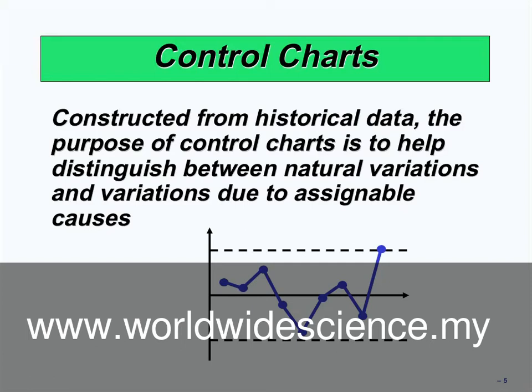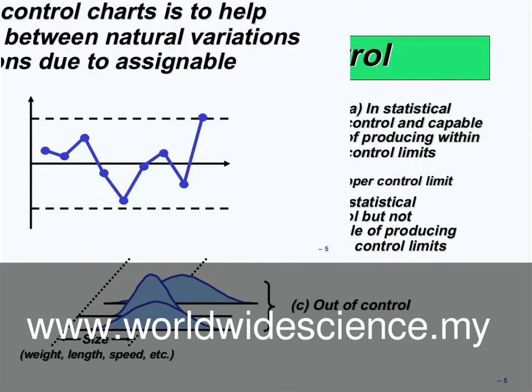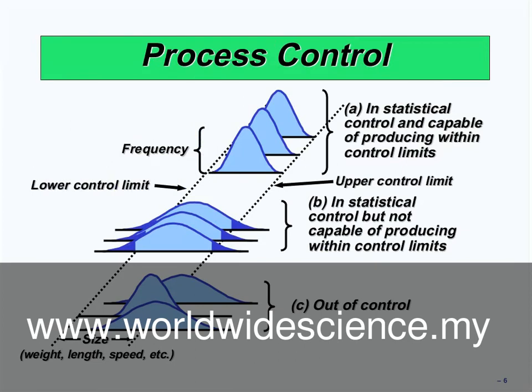The process control, as you remember, I told you that there are 3 diagrams, and each of the diagrams shows a situation of the process. In the first one, in A, if the diagram is like this, it shows that the process is under control.